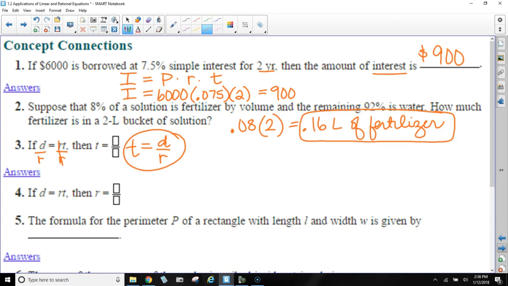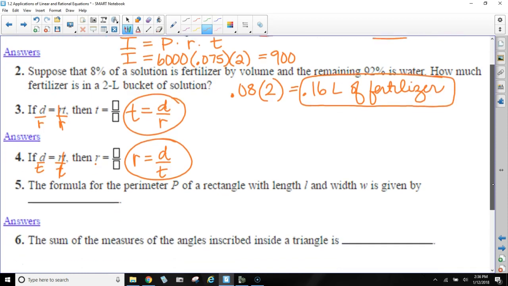Number 4, if distance equals rate times time, then solving for r, we would divide both sides by t. R would be equal to distance divided by time. Solving those literal equations for time and then distance in numbers 3 and 4.